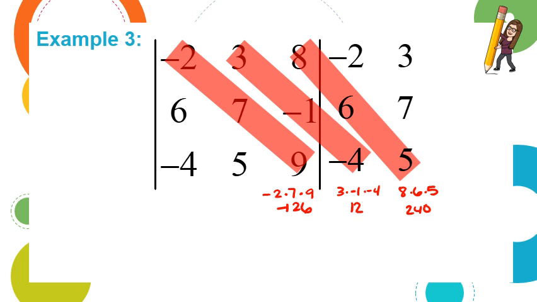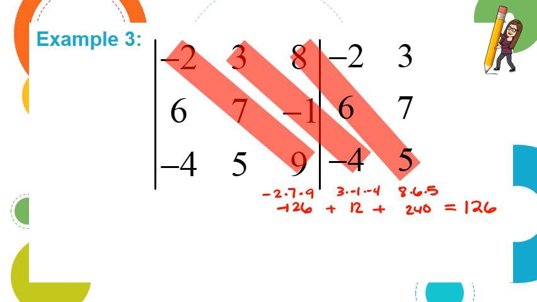All right. Now, these are all going down diagonals. So we need to combine them all into one value. So we're going to add the diagonals together to get a value of 126. Okay, so be careful with those signs because that can definitely make a difference on your total then.